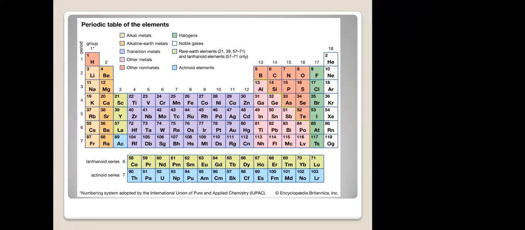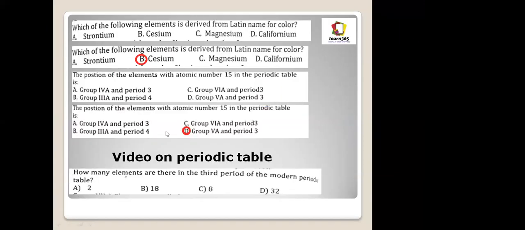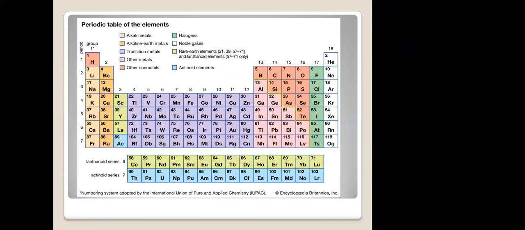So when we go back to the previous question, atomic number 15. Someone asked me, ma'am, which group does it belong to? Tell me from this table that I've displayed. You should remember the previous way of saying the elements.